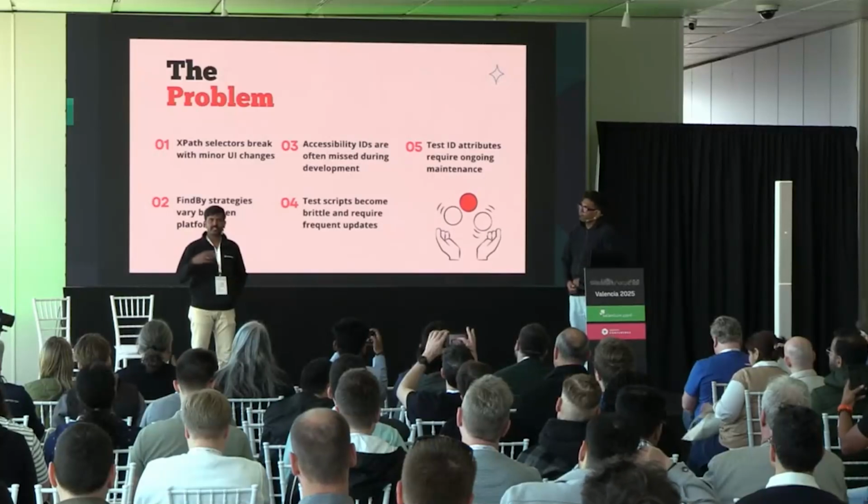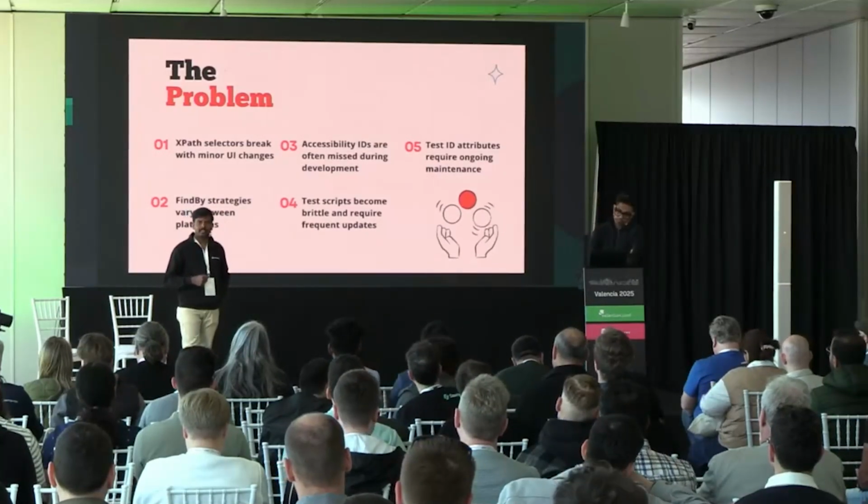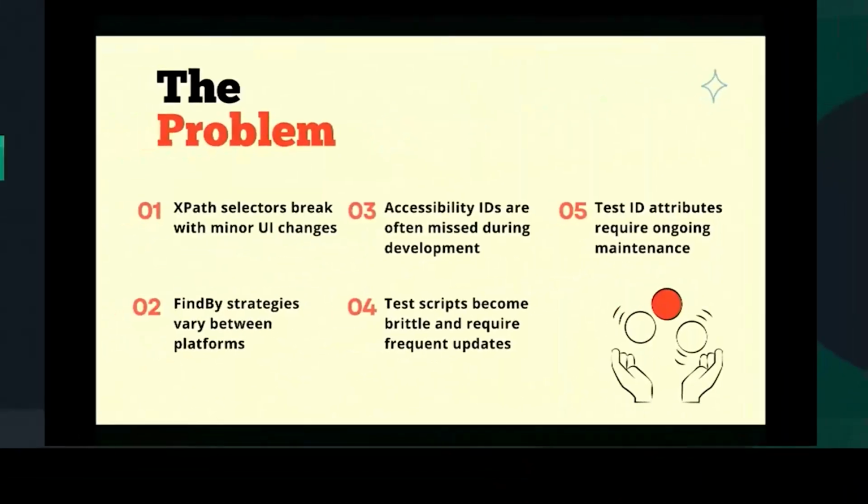It keeps changing when the underlying tech stack upgrades, for example, or it is different for certain platforms, and the strategy is different for different platforms. That's another constraint. And an element sometimes gets exposed properly on Android, but not on iOS. For certain tech stacks like React Native, when dealing with DOM, we also have to include test ID and accessibility ID, depending upon the platform that we are automating.